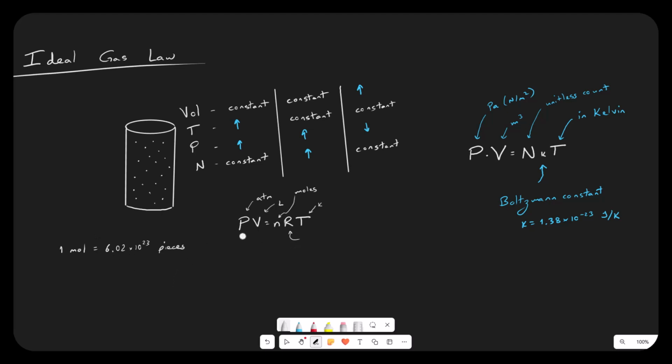But just so that you know that there is a relation between an ideal gas law that you would have seen in a chemistry class and an ideal gas law that you would see in a physics class. And it really just is based on these kinds of units. We like to use newtons and square meters and cubic meters because in physics those are the kinds of units that are appropriate to the scale.